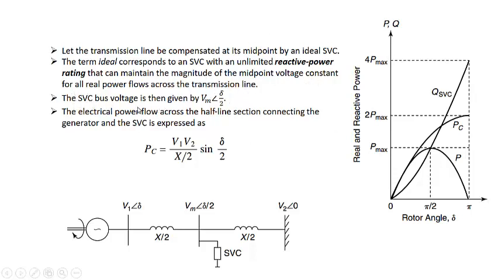The SVC bus voltage is then given by Vm at an angle of delta by 2. This is Vm at an angle of delta by 2, and it will again be equal to, let us say, this voltage and this voltage.